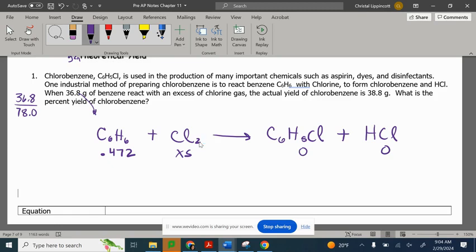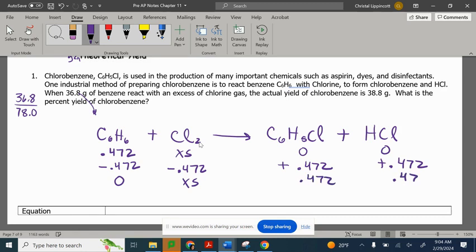Okay. So I am going to minus 0.472. I'm going to minus 0.472. I'm going to add 0.472, and I'm going to add 0.472. That leaves me with 0, excess, 0.472, and 0.472.